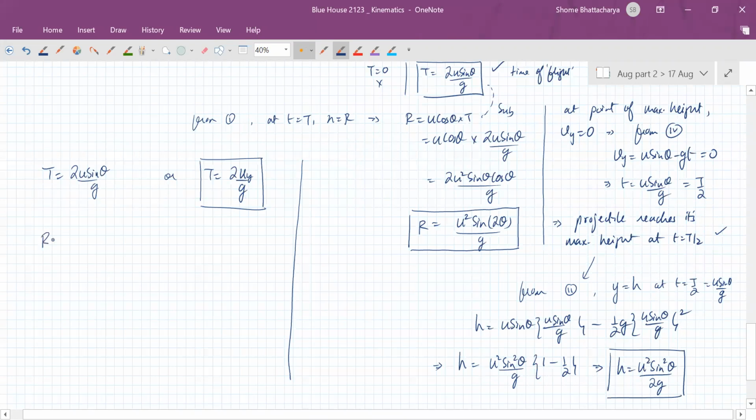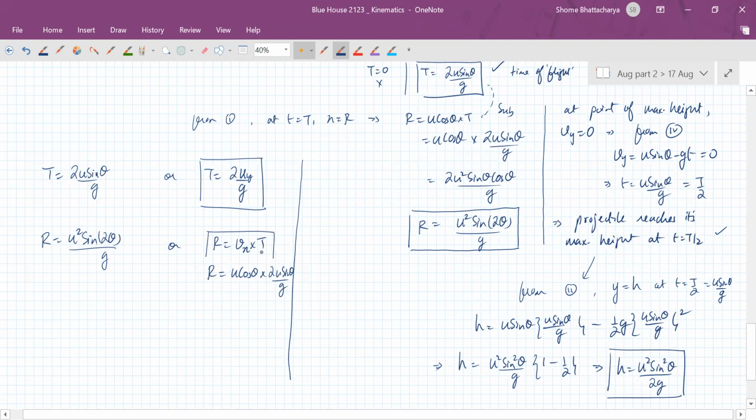Then the horizontal range, which as a formula we write as u square sine 2 theta by g, but you can also remember it as the horizontal component of velocity into time. So that is u cos theta into 2u sine theta divided by g.